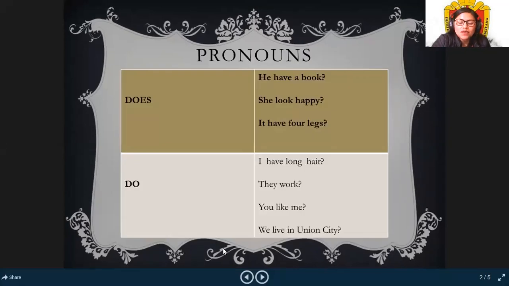It's also very, very important to recognize the pronouns that work with does and also the pronouns that work with do. Hay que recordar, chicos, que la diferencia entre el uso de do o does va a depender del pronombre personal o el sujeto de mi oración. ¿Por qué? Porque hay un grupo de pronombres personales que solamente trabajan con el auxiliar does y el otro grupo trabaja con el auxiliar do.